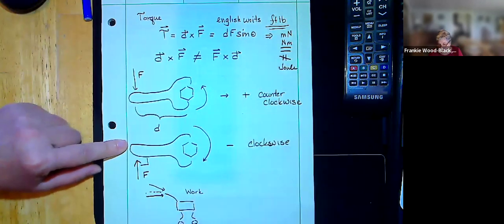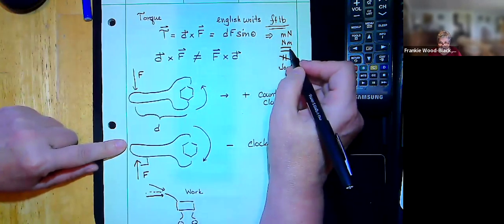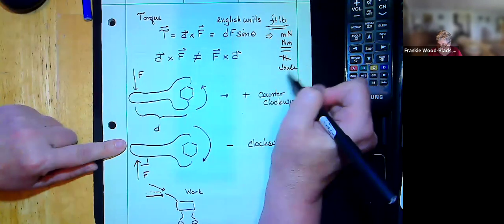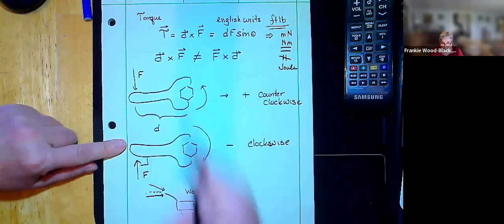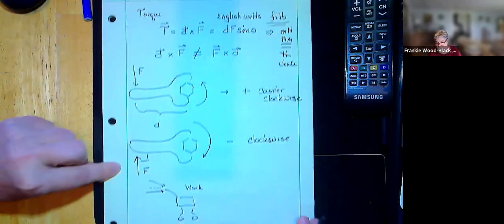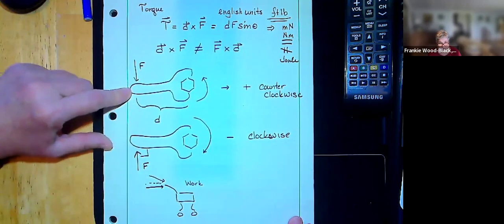And we've seen that before, but in SI units, we usually write them down as Newton meters, and it is not a joule. This is also a vector quantity, and it's going to be a little bit different from dealing with our item.